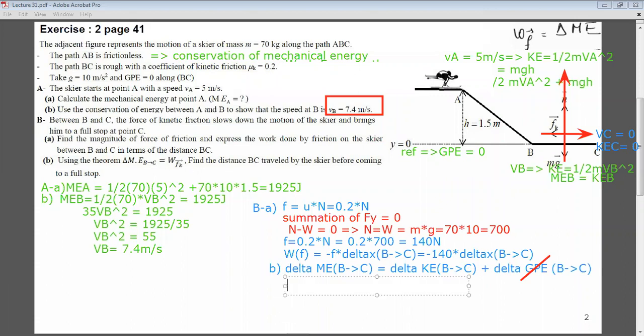So we have delta kinetic energy between B and C is equal to work done by friction.